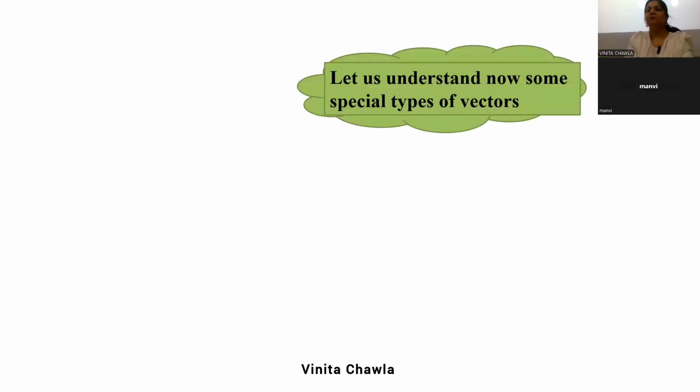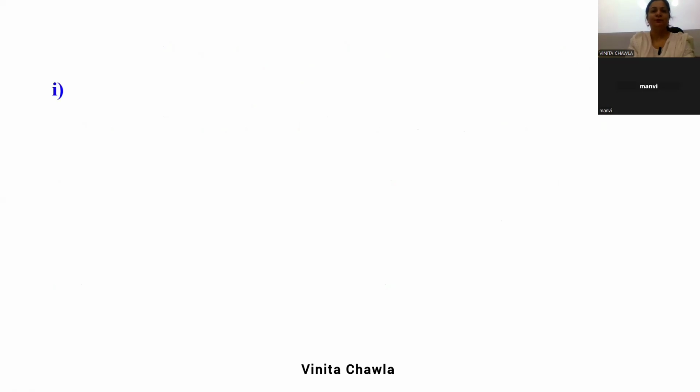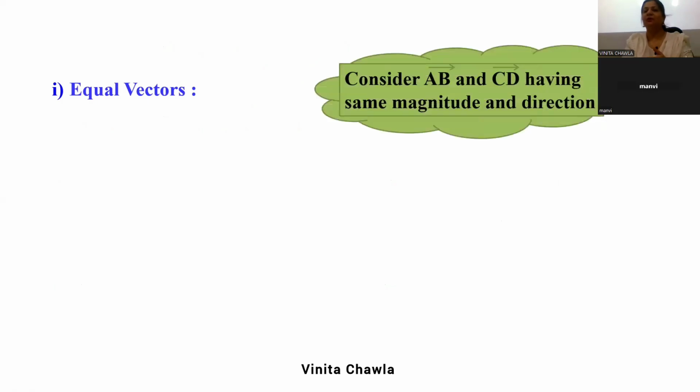Let's understand now some special types of vectors. So we have equal vectors. When are two vectors said to be equal? In vectors, we consider both the magnitude as well as direction. So if we have two vectors with the same magnitude and pointing in the same direction, then they are said to be equal.